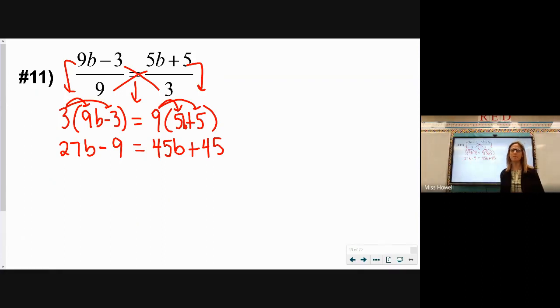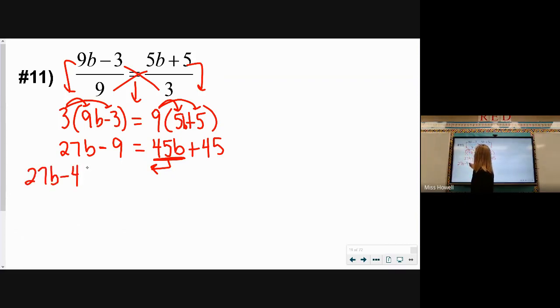And now I would say, all right, there's nothing left to simplify on both sides, so I want to try to get my b variable all in one location. Most of us have been taking this back letter variable term and moving it to the front, so I'll continue to do that by subtracting a 45b from both sides. I'm going to get all my letters in one location before I worry about any other inverse operations. We have 27b. We're going to subtract our 45b from it.